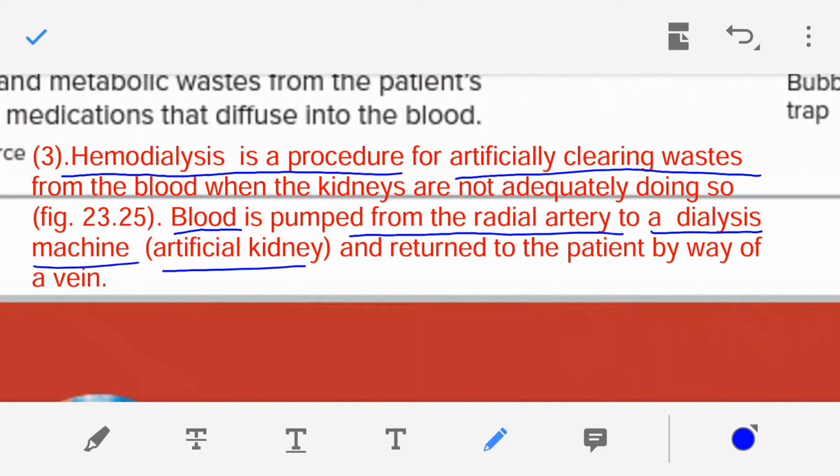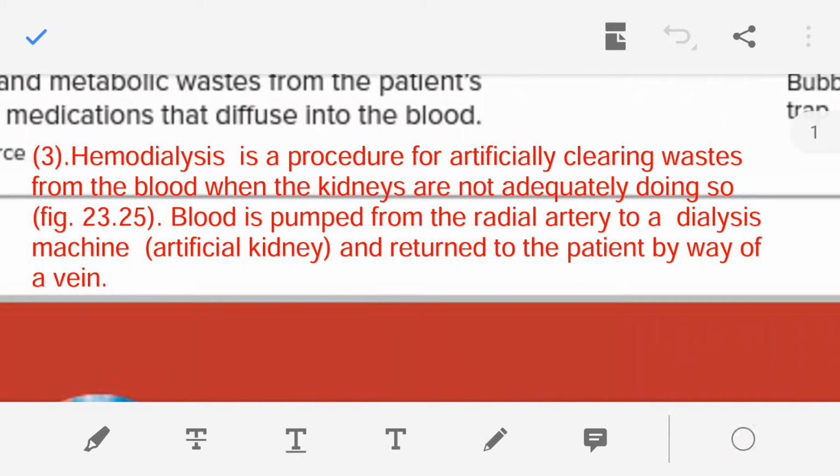After that, the clean and nutritive blood is returned to the patient's body by way of a vein. So through the vein, the clean blood, devoid of any kind of waste material, enters the patient's body once again.